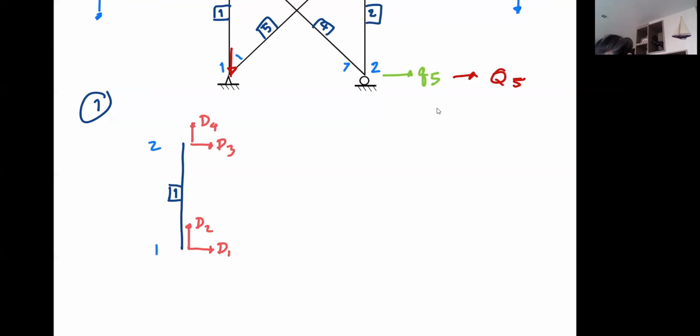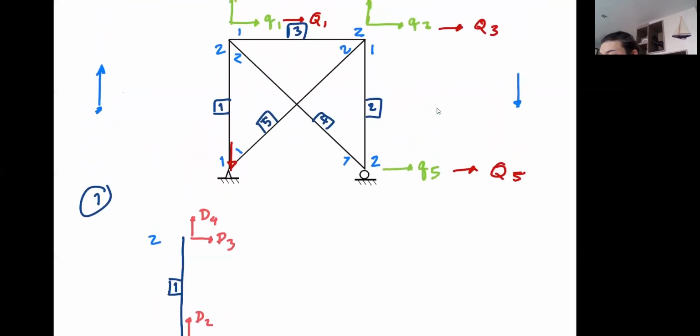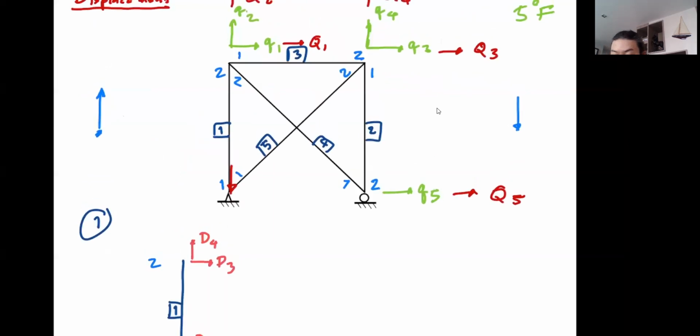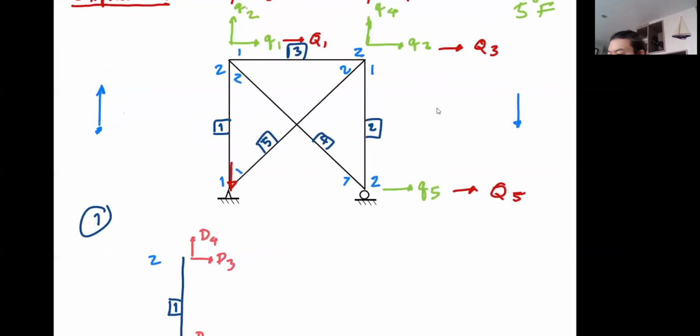Now, from this information, we know that in our system you have displacement at this joint, and then this. We don't know how much it is, but we're going to call this Q1, the displacement of the system. Here we call it Q1, and here we call it Q2.